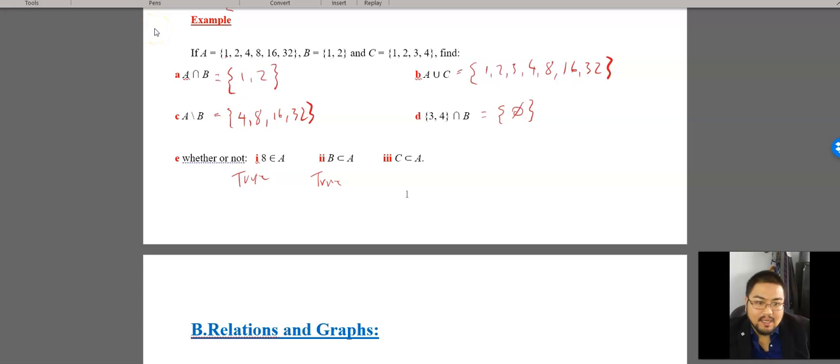Okay, C is a subset of A. Does every element in C exist in A? You've got 1, 2, 3, 4 here, but you've got 1, 2, 4. So you've got nearly all the elements except for the number 3. So this one here would actually make the statement C is not a subset of A false. So that concludes that lesson.